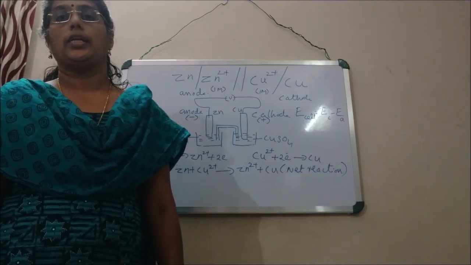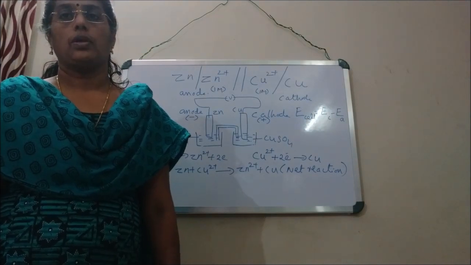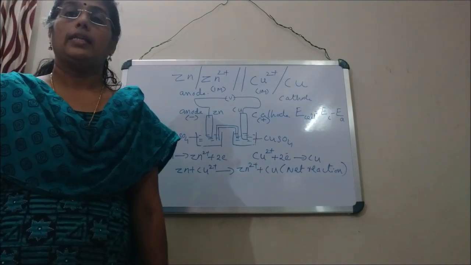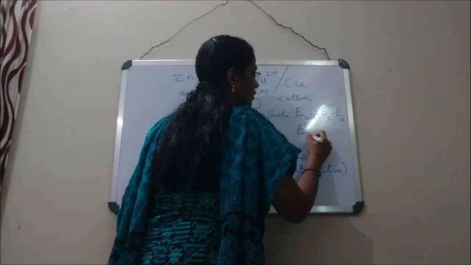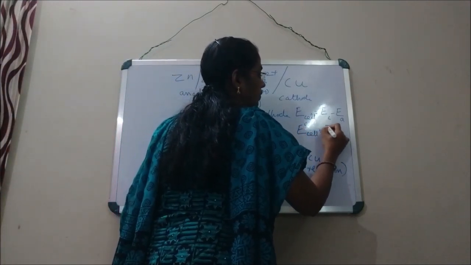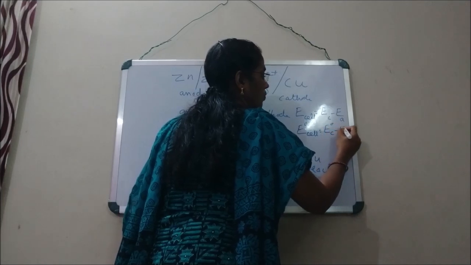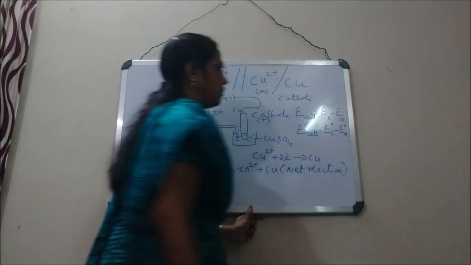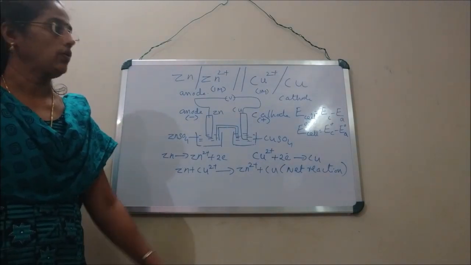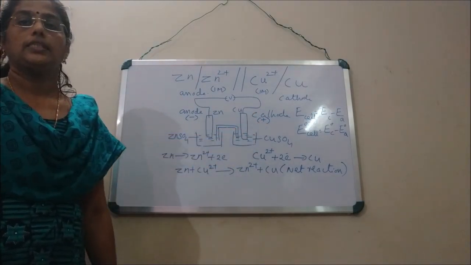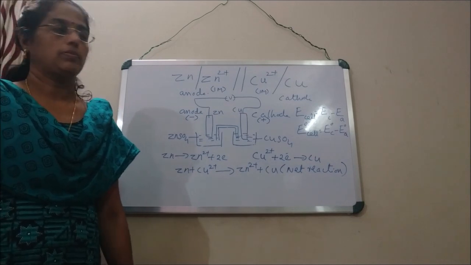Standard electrode potential can be represented by E0. So, the standard cell potential E0 cell equal to E0 of cathode minus E0 of anode. Thus we can determine the standard cell potential.